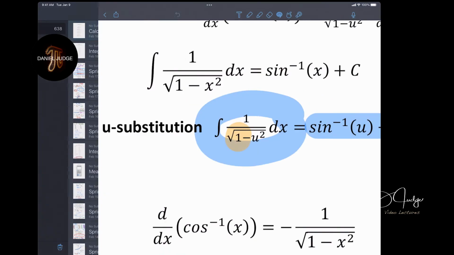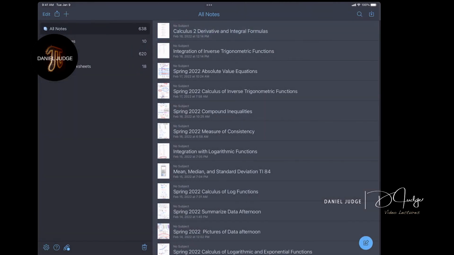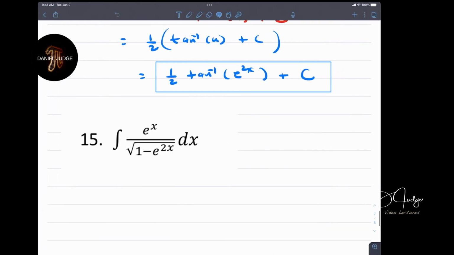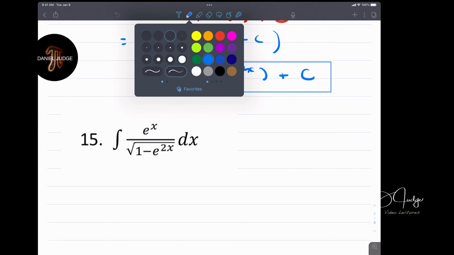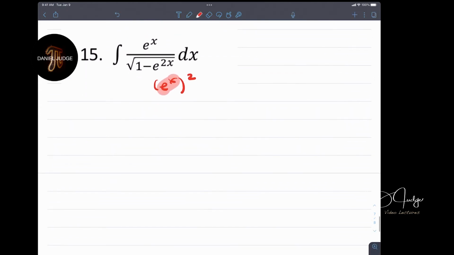Square root of 1. Look at your formulas. We're looking right at it. Inverse sine. So here's what I'm saying here. Notice what we have here. That's e to the x squared. So, okay, there's my e to the x there.